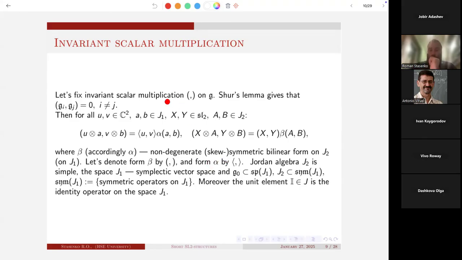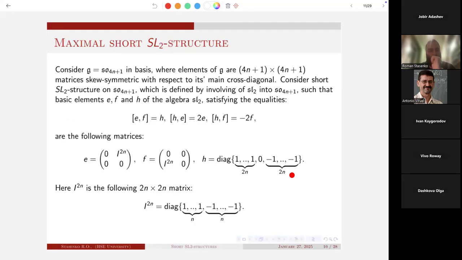We obtained that G1 is a symplectic space with a non-degenerate skew symmetric bilinear form, and the algebra J2 is the subalgebra of the symmetric operators on G1. So it gives us more information about the pair J1 and J2.